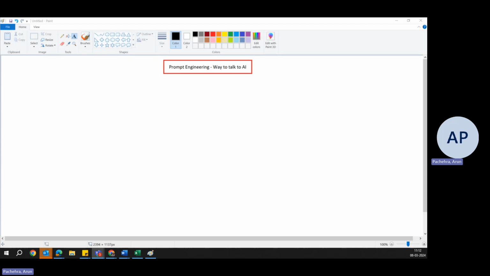Prompt engineering. Well, there is a way to talk to people. There is a way you talk to your parents. There is a way you talk to kids. There is a way you talk to your girlfriends, boyfriends, people, right? And along with the way, you also make sure the other party understands what you want.